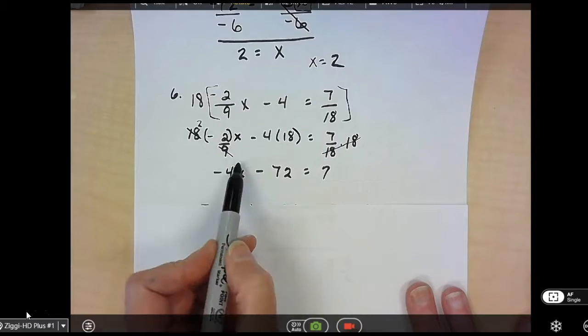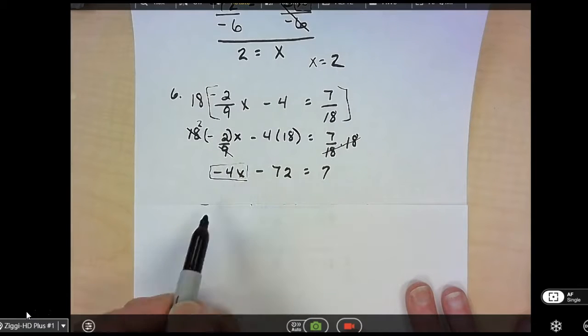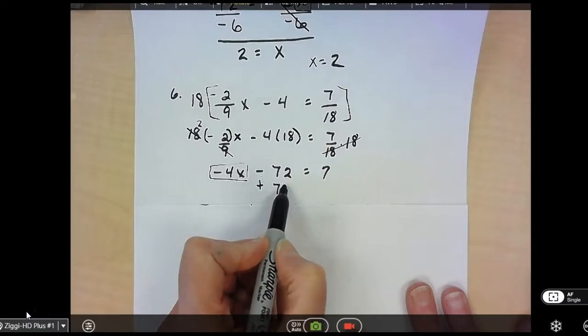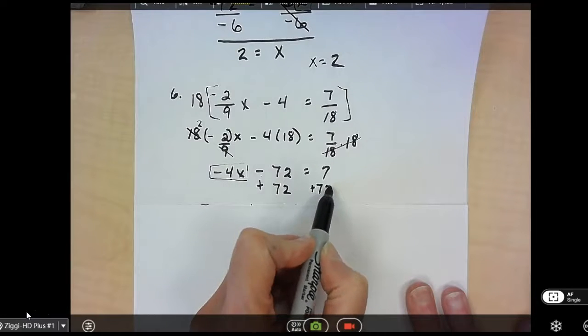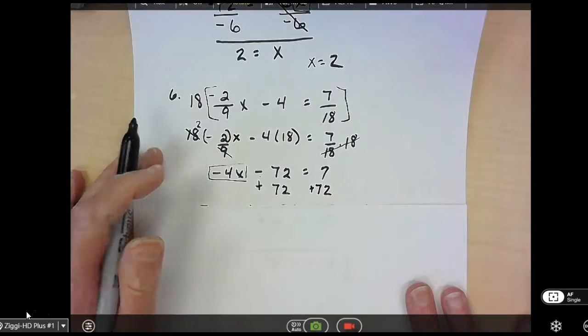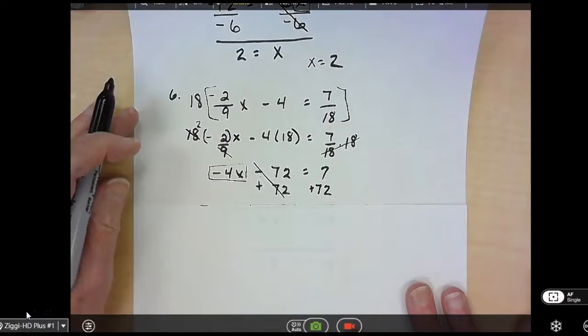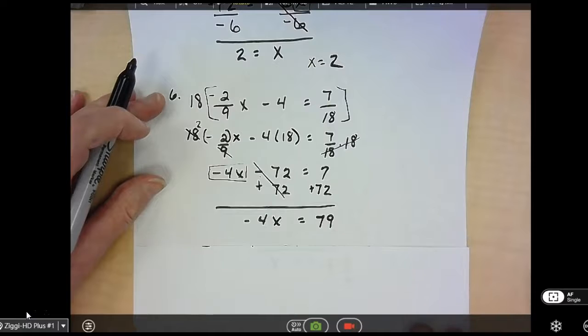So now I isolate my variable term, minus, do the opposite, plus 72, plus 72, and now on the left side I have -4x, on the right side I have 79.